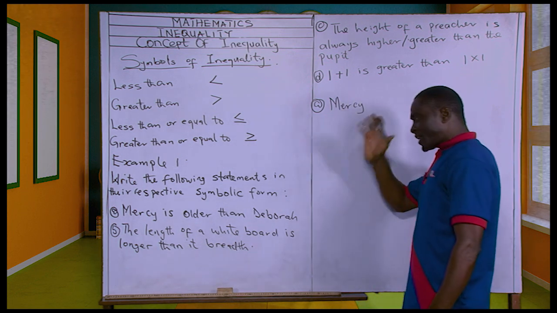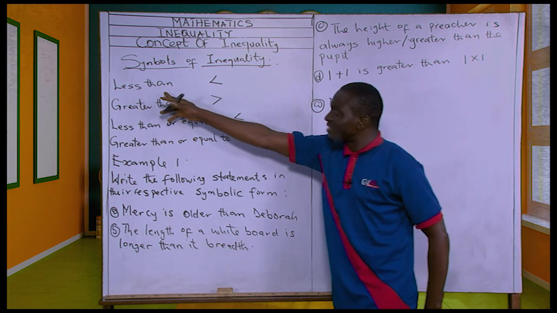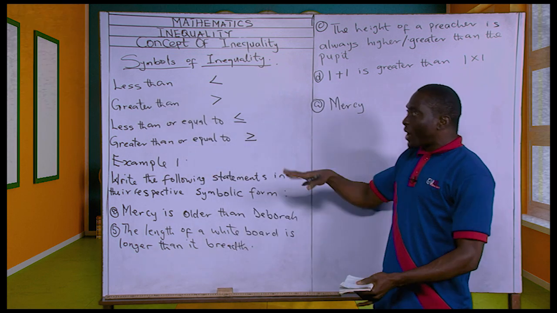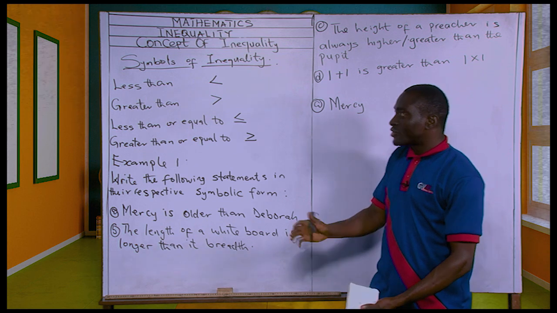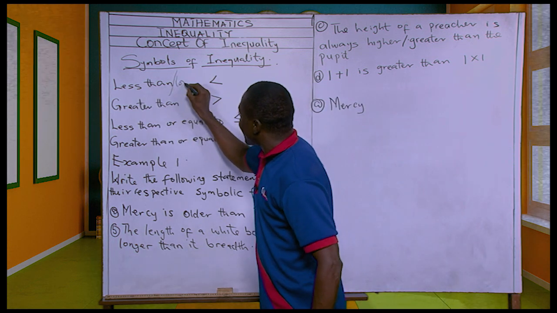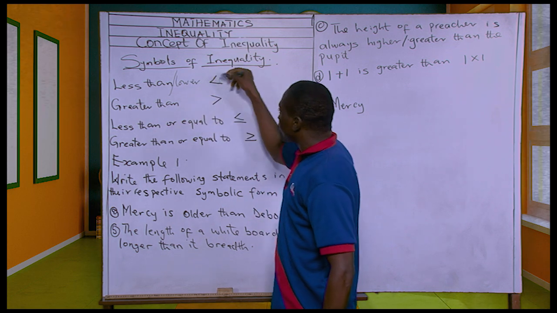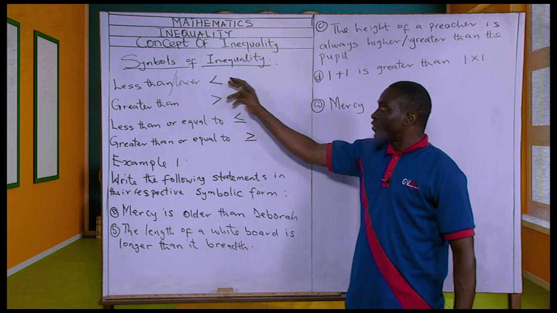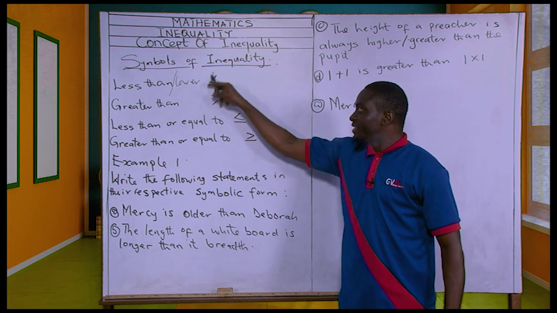When you say older, less than could mean lower than, or shorter than, anything in that form, and it will be symbolized with this.